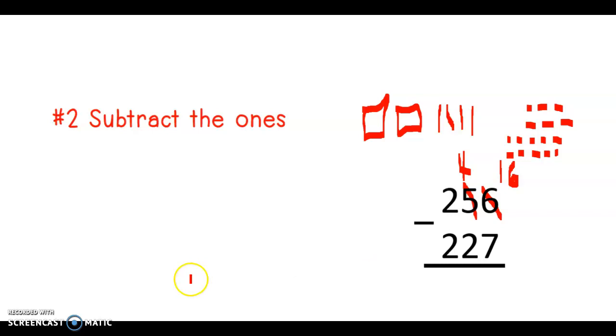Okay, now we are able to subtract the ones because the 16 is on top, and if the number on top is more, there's no need to stop. So we can take 7 away from 16. 16 minus 7 is going to give me 9.